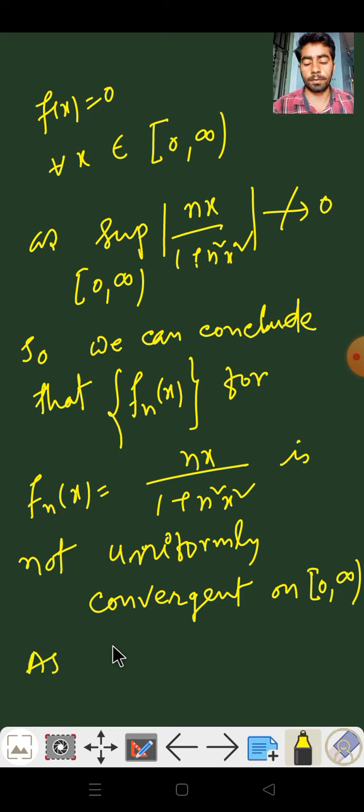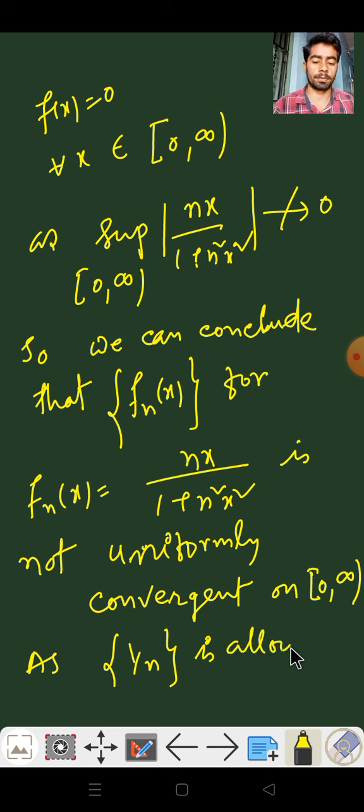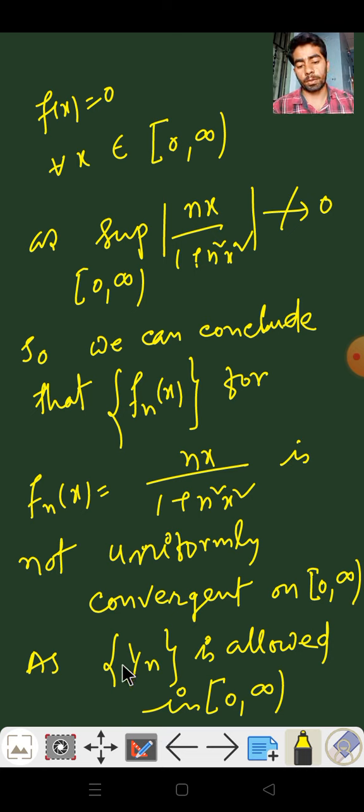As the sequence 1 by n has infinitely many terms allowed in the closed interval 0 to infinity, that is, infinitely many terms of the sequence belong to the closed neighborhood of 0, for such values of x, that is for x equal to 1 by n, it will restrict the supremum from going to 0.